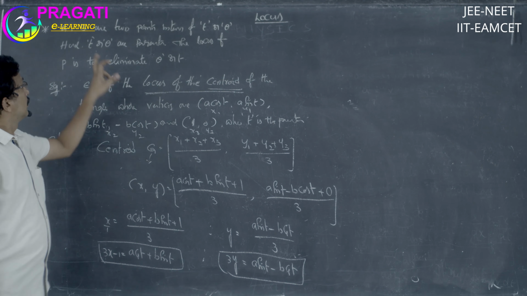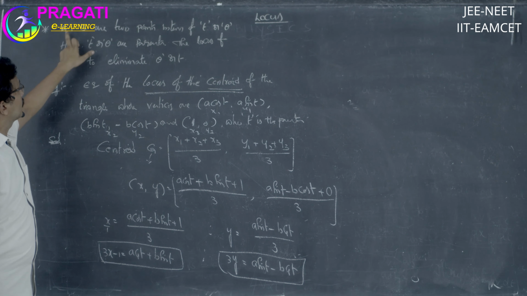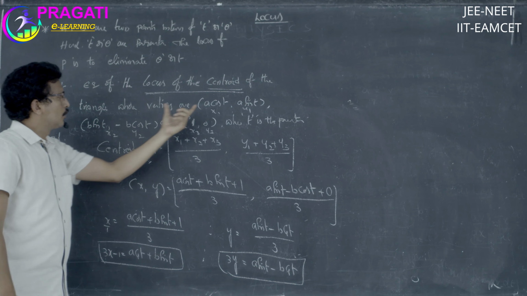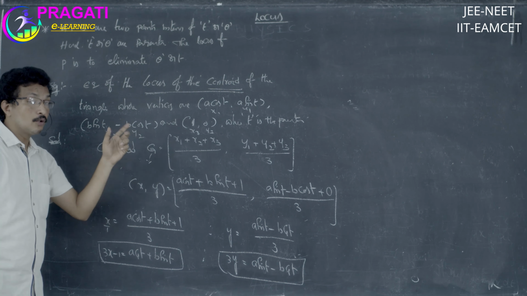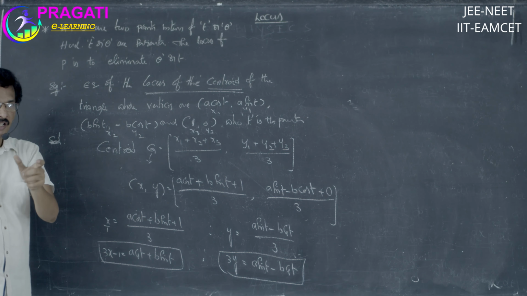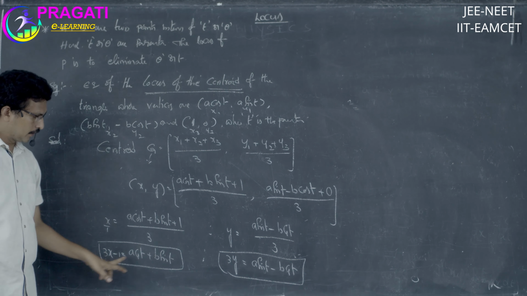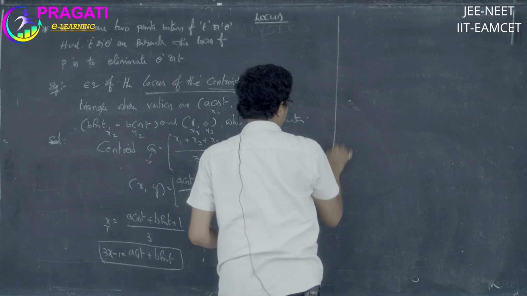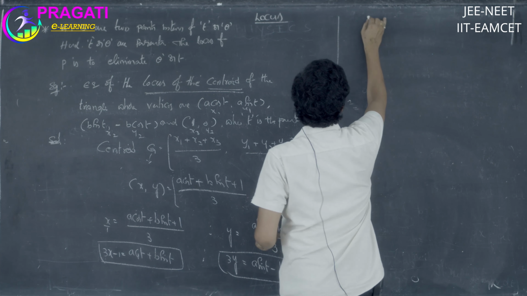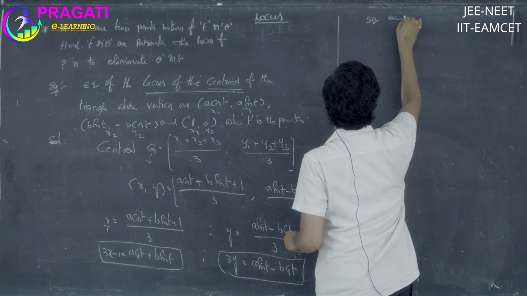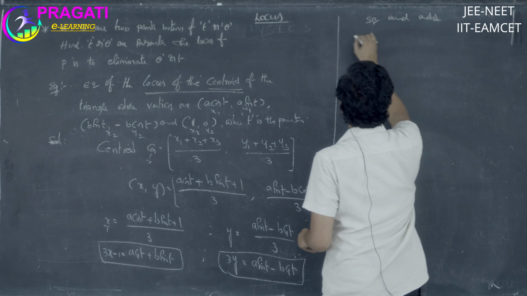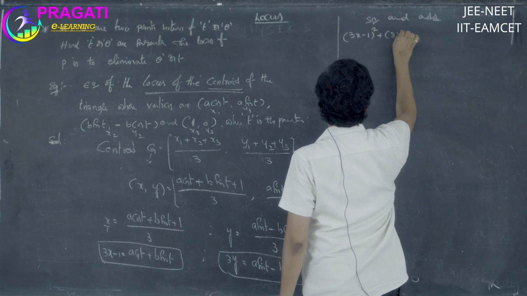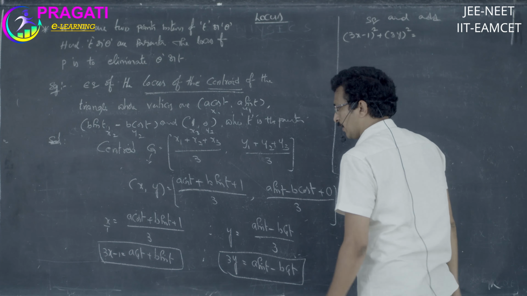Here we observe that these are 2 points in terms of t. To eliminate t, then we get the required locus equation. Here there are two conditions. Squaring and adding. 3x minus 1 whole square plus 3y whole square. That means the squaring.